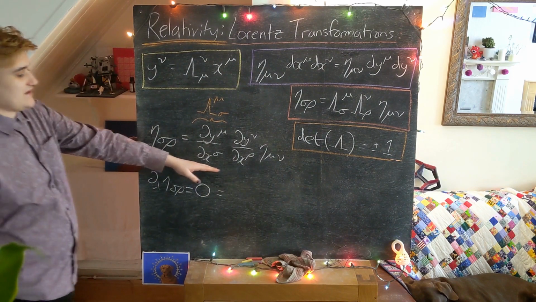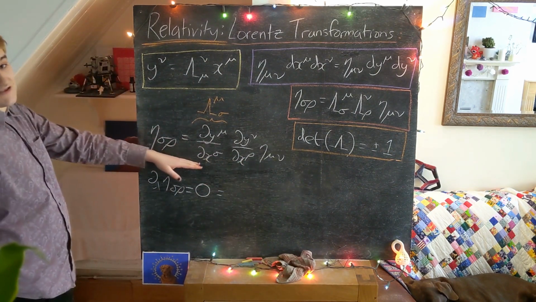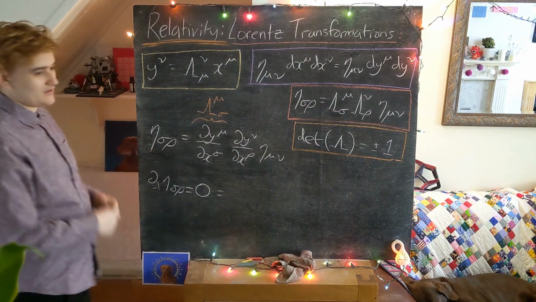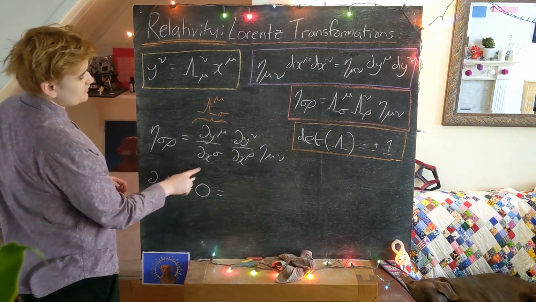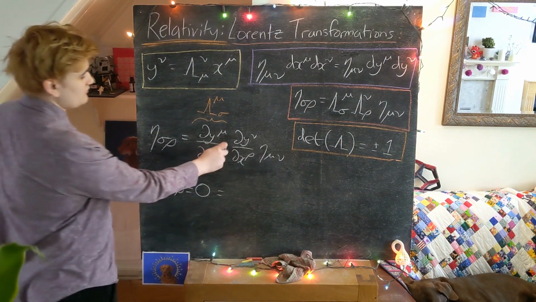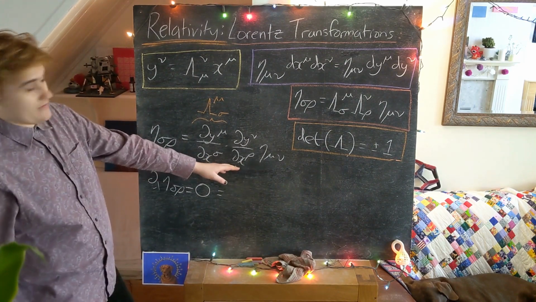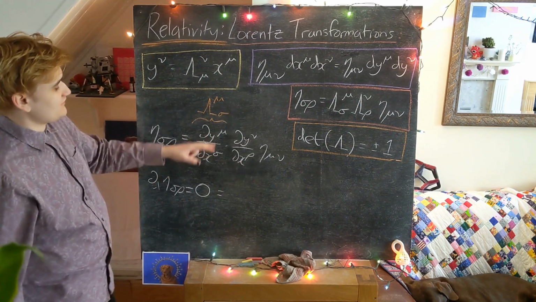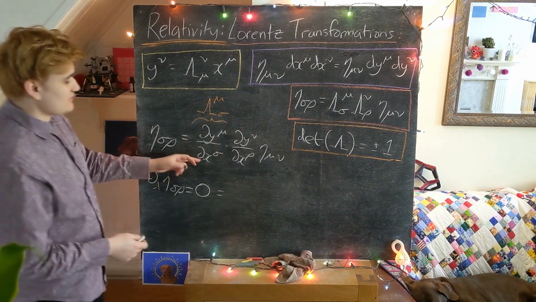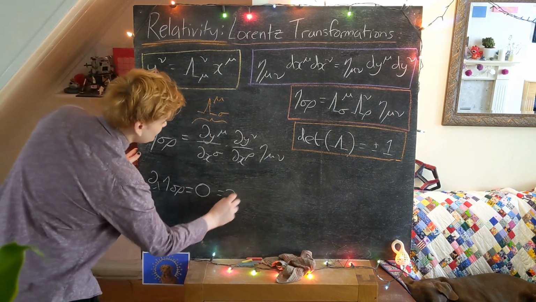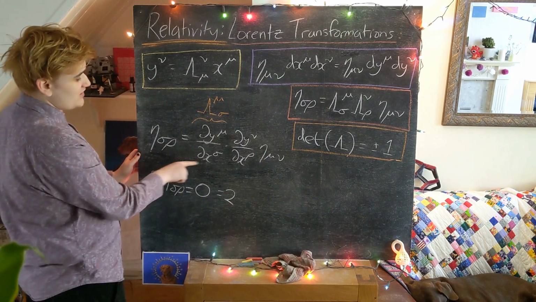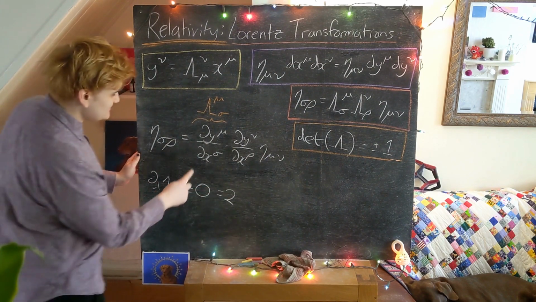But now what happens when we take partial derivative of this whole expression? Well, first of all we're going to have to use the product rule on this product here, but essentially, because this is just another copy of the same object, just with different labels, we can just say that the product rule is going to give us 2 times the partial derivative of one of these things.